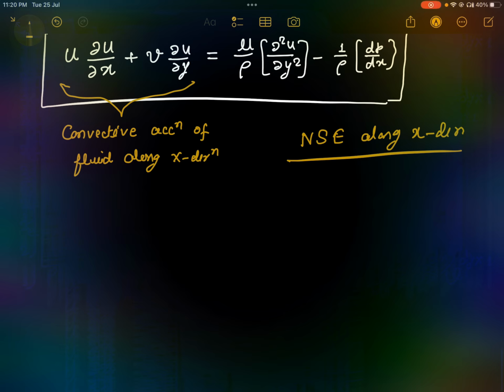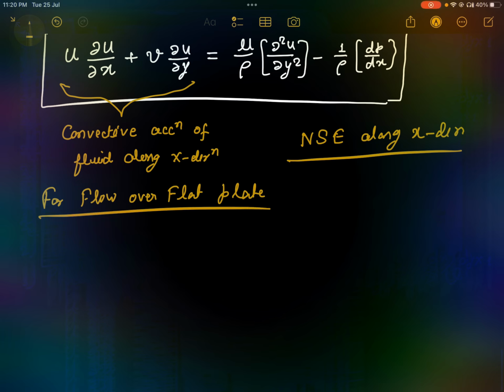So for flow over a flat plate, one thing we have to look into is that the pressure gradient dP upon dx is negligible. This thing we have to keep in mind.